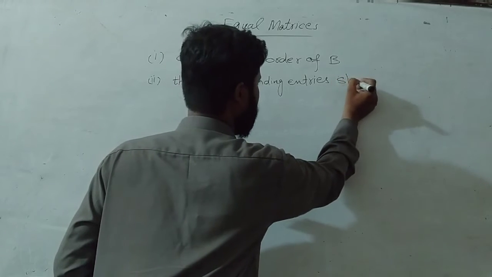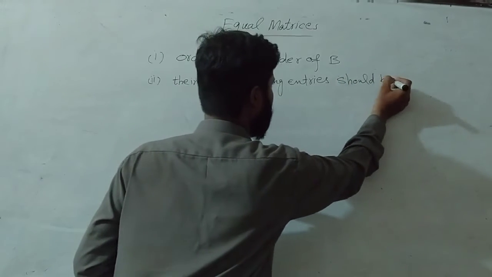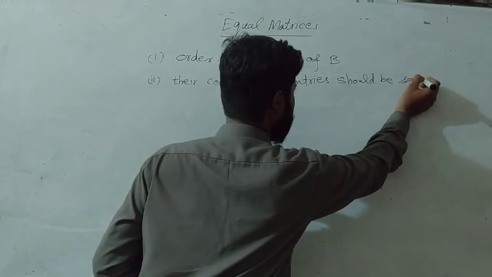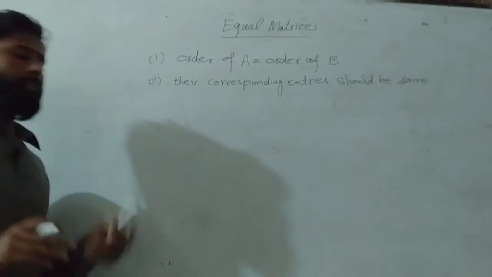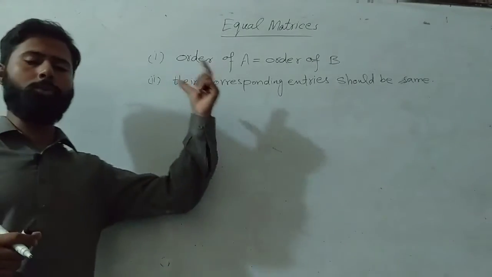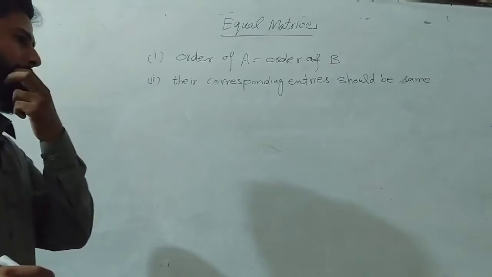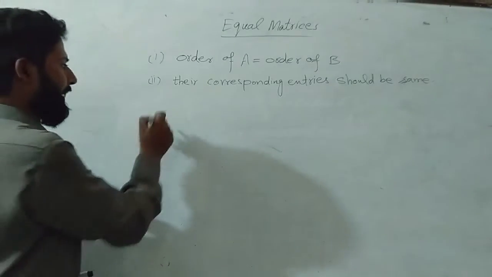Their corresponding entries should be same or equal. If any two matrices are fulfilling these two requirements, then those matrices will be equal matrices. I will explain this with an example.